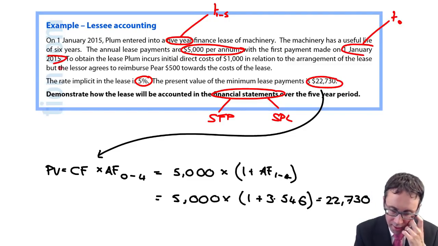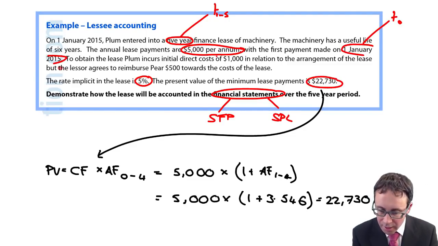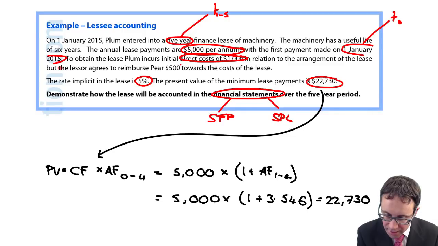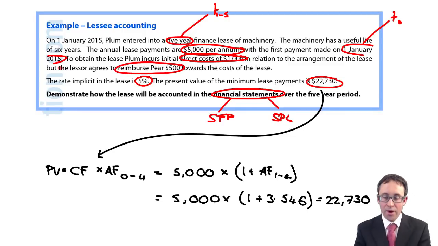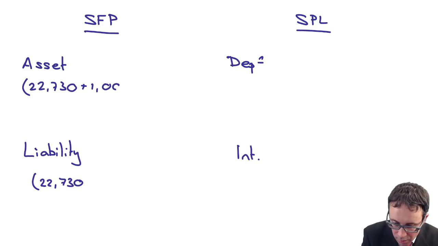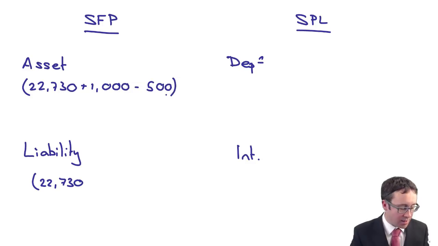Because what you've got there is it says to obtain the lease, we incur direct costs of $1,000 in relation to the arrangement of the lease. And also there is a $500 reimbursement. Okay. So the direct costs are added on. You reimburse 500, which reduces the value of the asset.